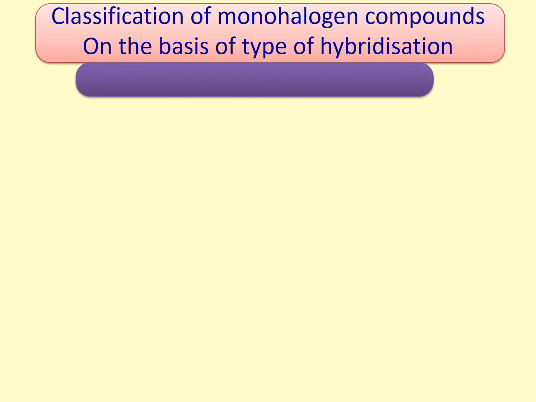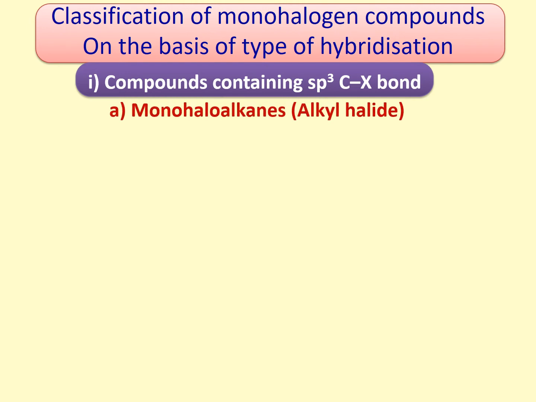Now let us see classification of monohalogen compounds on the basis of type of hybridization. The first category is of compounds containing sp3 hybridized carbon halogen bond. In this, let us first consider monohaloalkanes or alkyl halides.